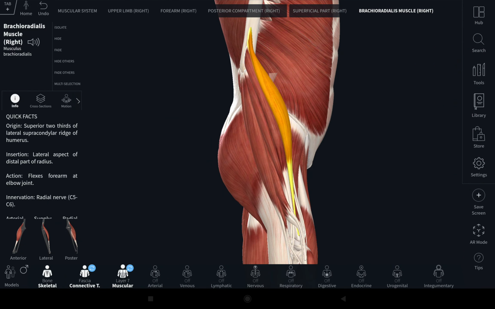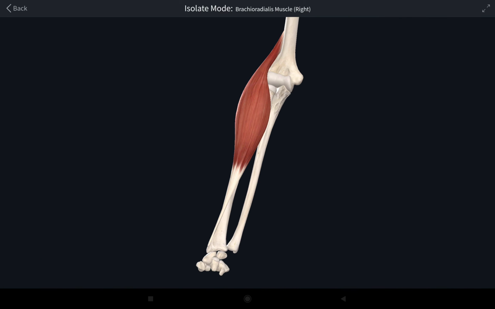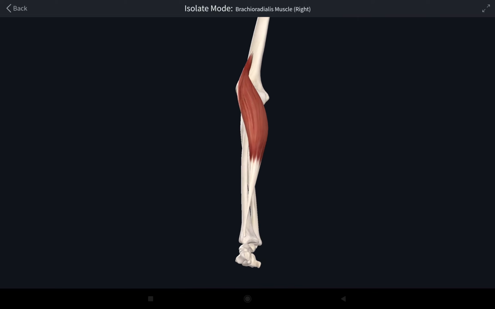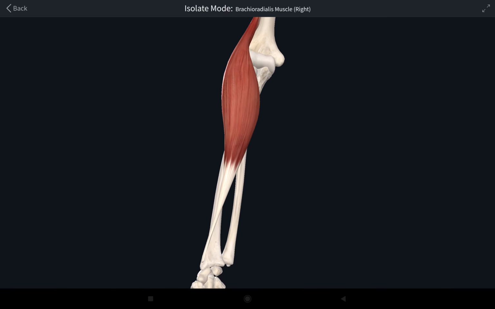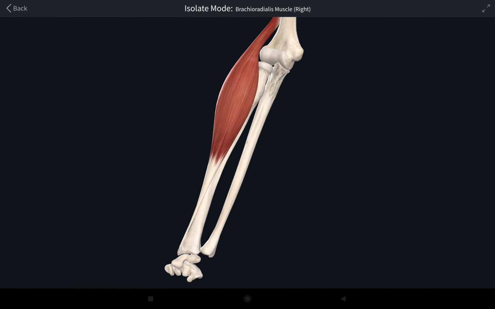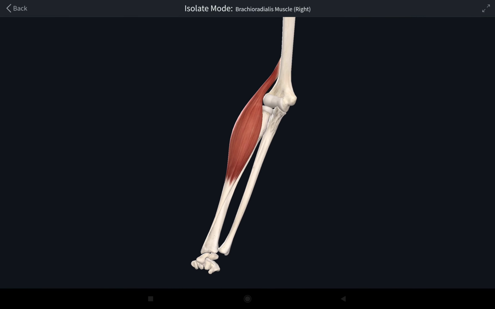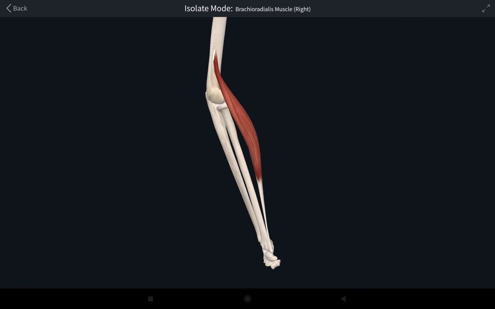So the brachioradialis arises from the distal part of the humerus and inserts into the distal part of the radius. This is the brachioradialis muscle.